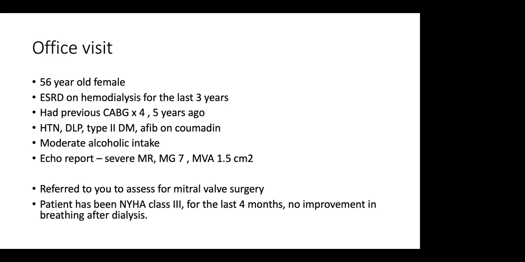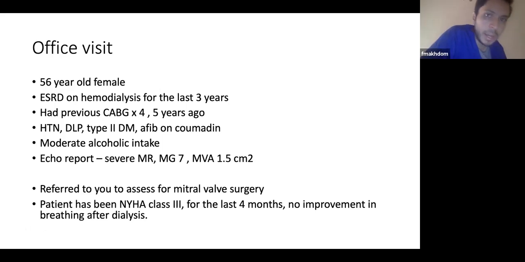I will order blood work for her, CBC, liver and renal profile, coagulation profile, and chest X-ray, ECG, and echo. Okay, so she's anemic from chronic disease, hemoglobin around 8.5. Liver function is normal. Renal function is as expected for end-stage renal disease on hemodialysis.